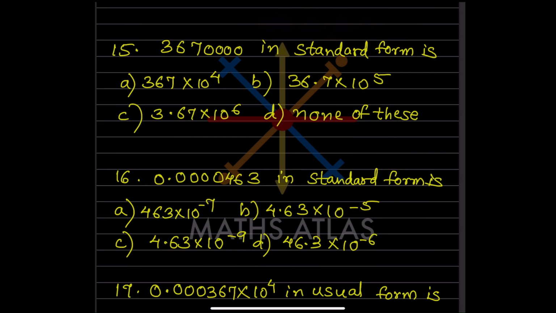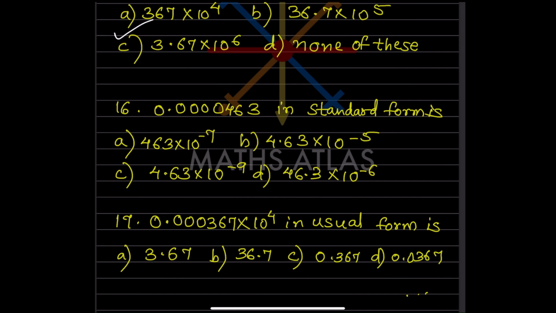So here you are going to write 3.67, and after the point, how many numbers are there? 1, 2, 3, 4, 5, 6. So you are going to write 3.67 into 10 raised to 6, because we are going forward. So the correct option is C, 3.67 into 10 raised to 6.